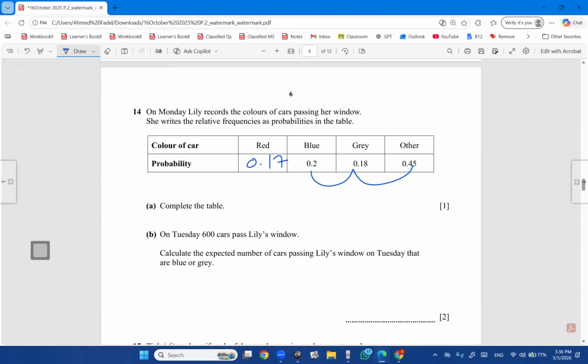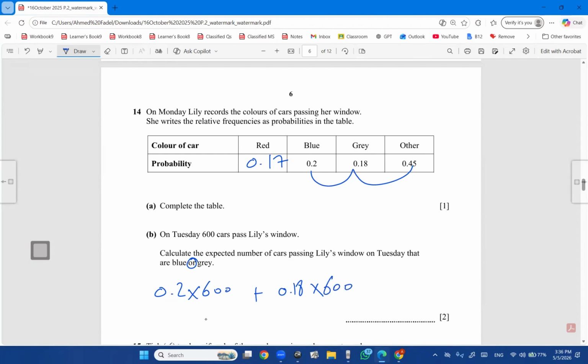On Tuesday, 600 cars passed Lily's window. Calculate the expected number of cars passing Lily's window on Tuesday that are blue or gray. Blue is 0.2, mister. So I say 0.2 for the blue multiplied by the 600 cars. But they said to you, or gray. So plus, the gray is 0.18, but multiplied by the 600.